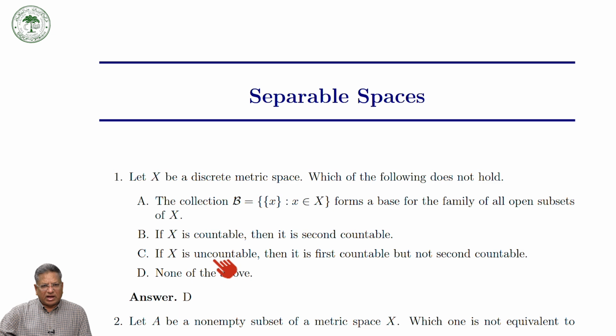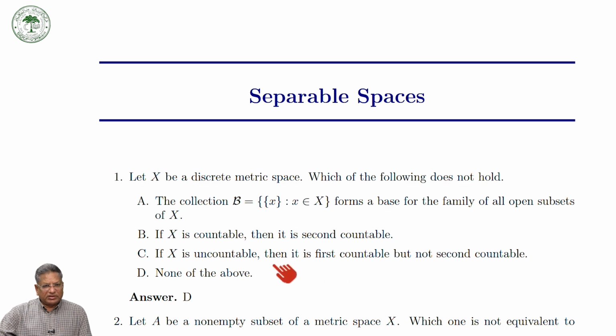If X is uncountable, then it is first countable but not second countable. As I said, if X is countable, then it is second countable, but if X is uncountable, then it is not second countable.